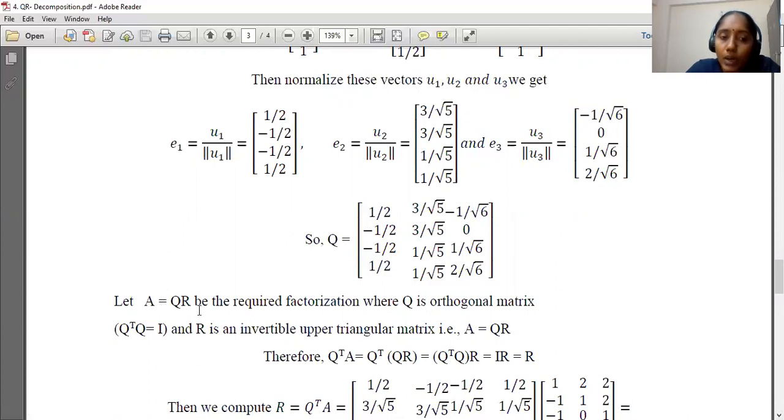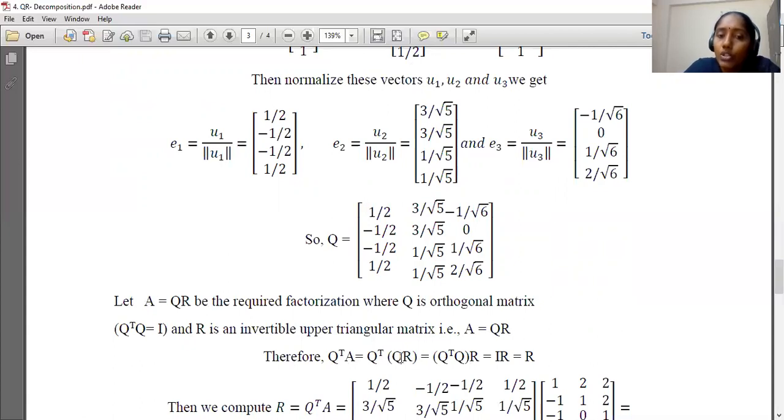A equals QR is the required factorization, where Q is orthogonal, which means Q transpose Q is equal to I, and R is an invertible upper triangular matrix. So multiplying this factorization by Q transpose as a pre-multiplier, Q transpose A is equal to Q transpose QR.